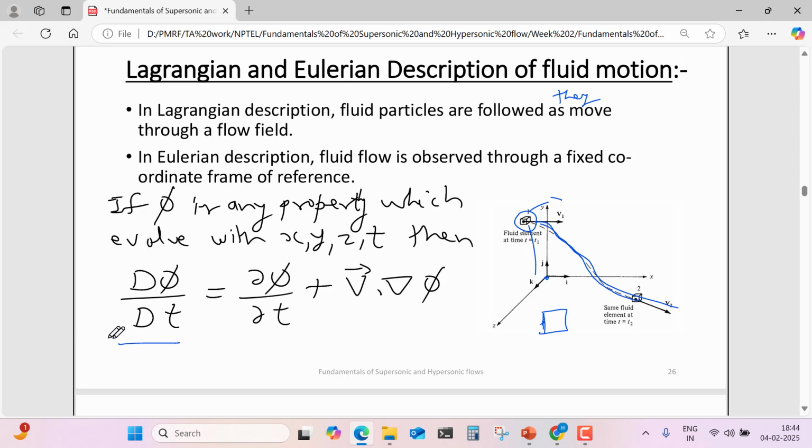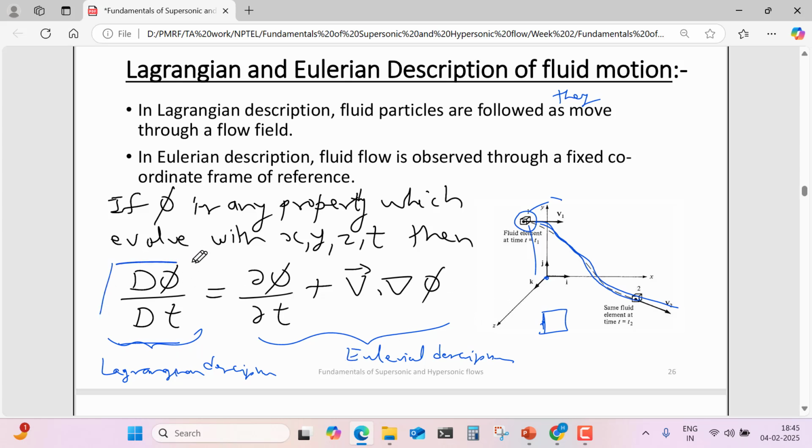This d phi by dt is given in the Lagrangian description, and this is given in the Eulerian description. So for changing from one description to another, we use this substantial derivative. This is called the substantial derivative.